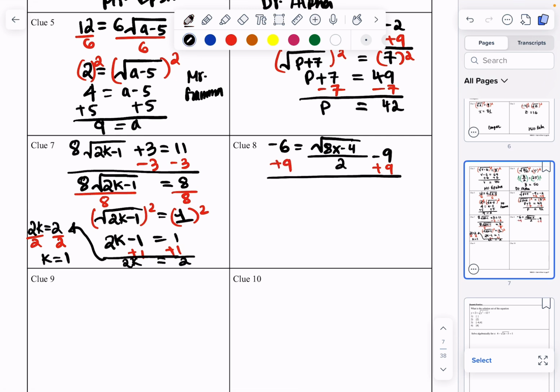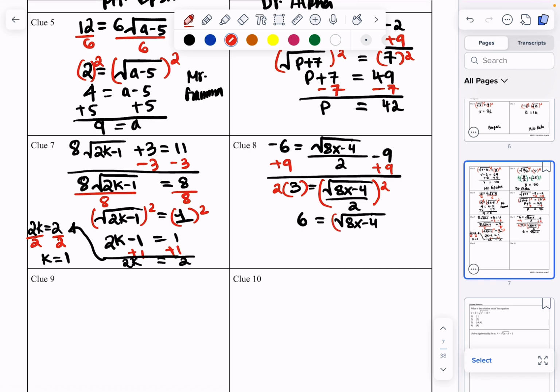We have 3 is equal to radical 8x minus 4 over 2. So we multiply by 2 on both sides. Then we have 2 times 3, which is 6, is equal to radical 8x minus 4.